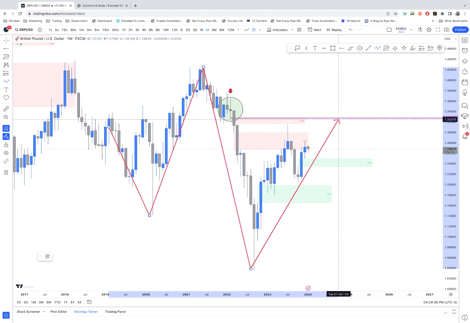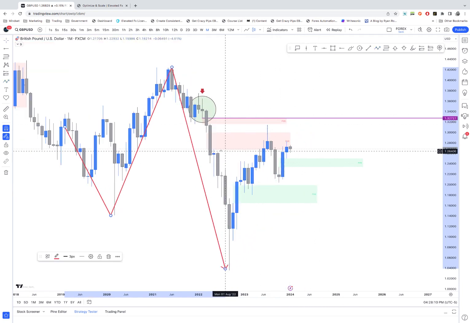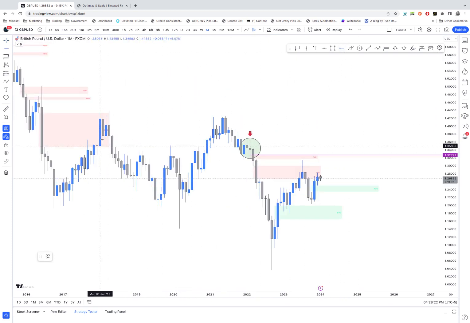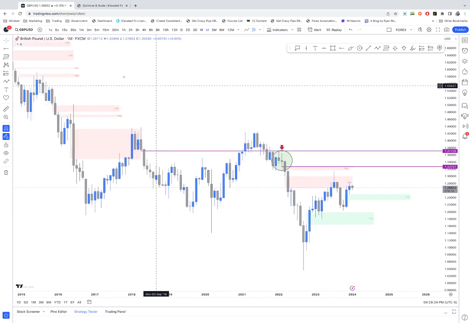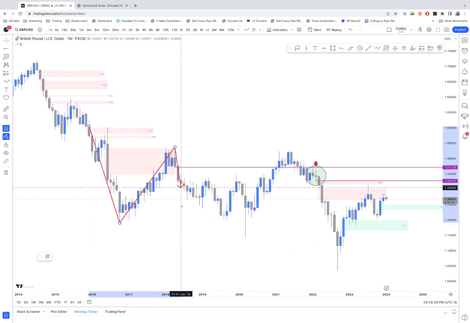Okay. So this is called a supply level. So what I'd want to do is wait for price to get to that level before placing or taking a trade. Essentially what we're doing is we're just going to mark up our charts to find these levels as price is going down. You see what I mean?